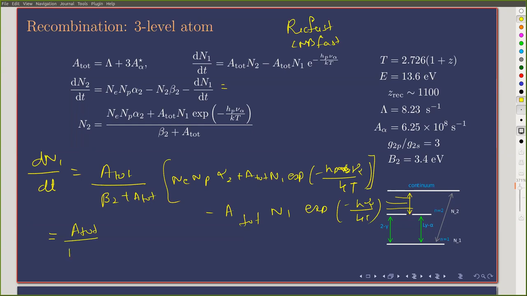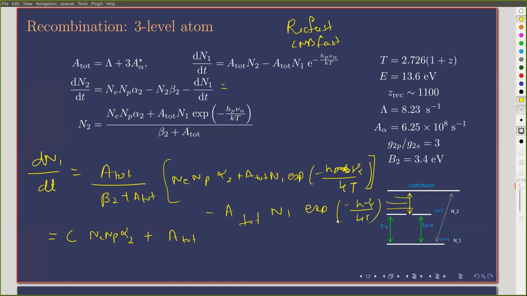So n total by, okay, let me just write this as C to save space. So this is just C, and you have NE, NP, alpha 2, plus this is the A total n1, and let's take the n1 separate also.